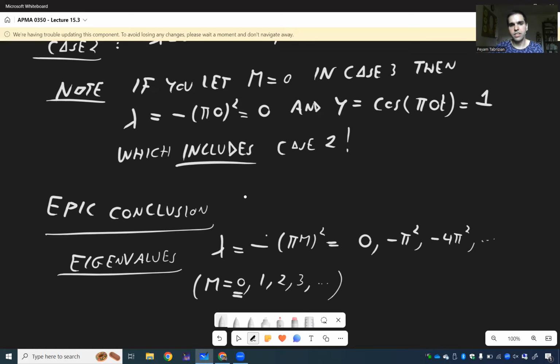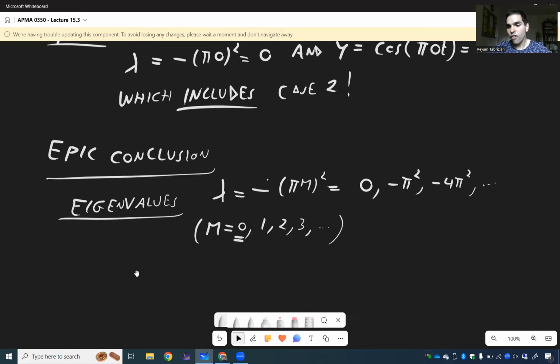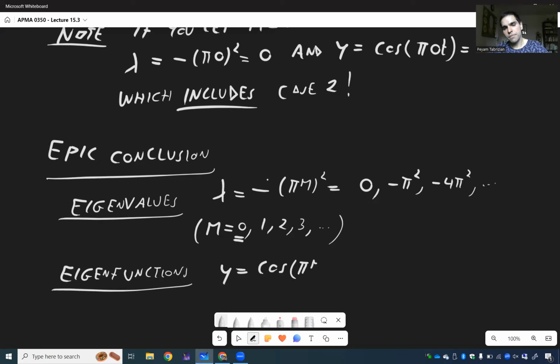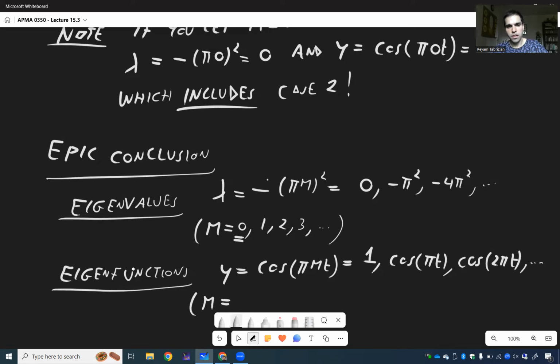It's important that we start at 0 here. And the eigenfunctions here are cosines. So y is cosine of pi m t, which here is 1, cosine pi t, cosine 2 pi t, etc., where once again, we start at 0.